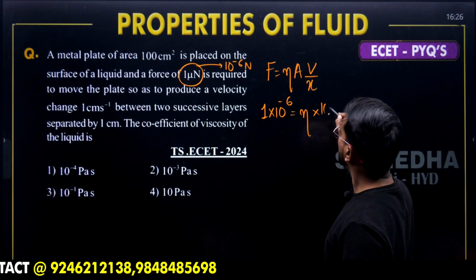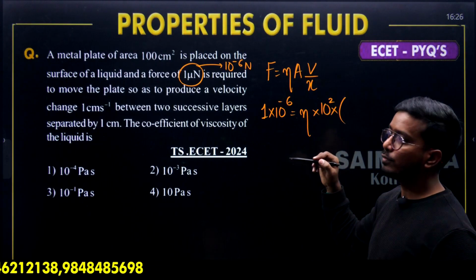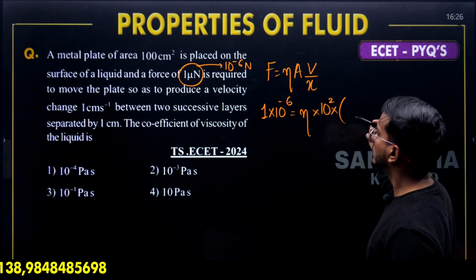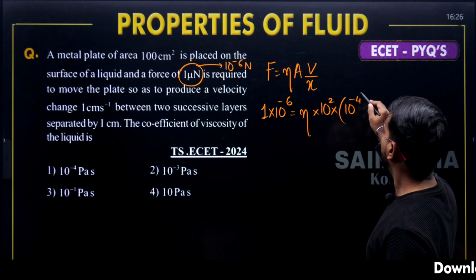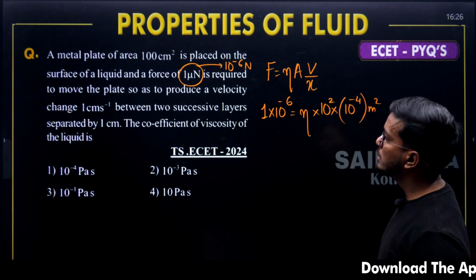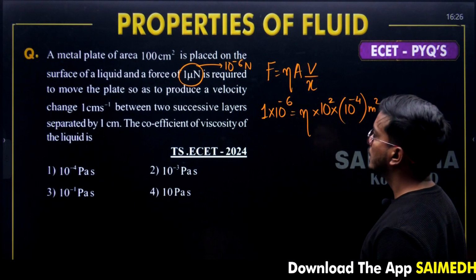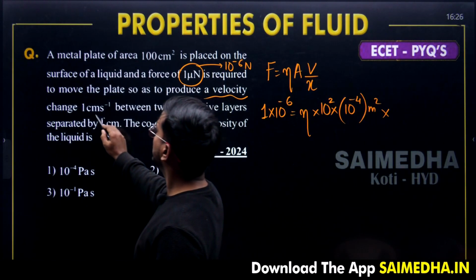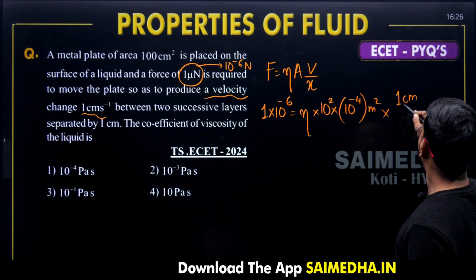Area is given as 10 square centimeter; centimeter is 10 to the power of minus 2, so centimeter square is 10 to the power of minus 4, so 10 to the power of minus 4 meter square is the area now. Velocity is given as 1 centimeter per second.